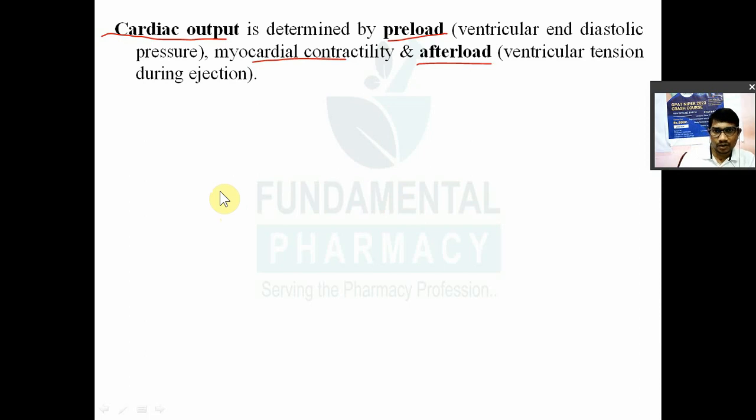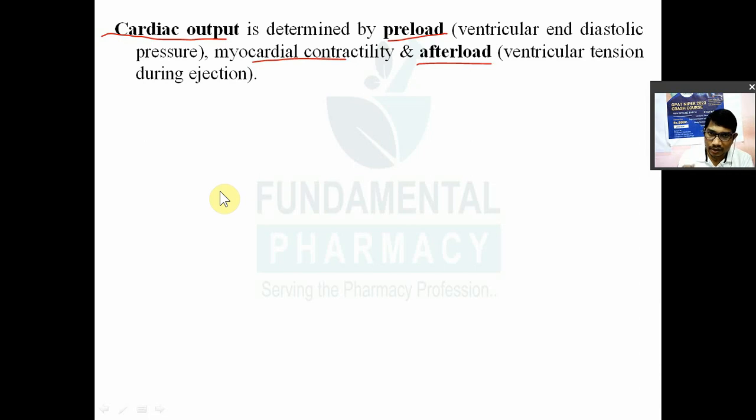Whatever blood is coming to the heart is normal, so due to that, increased volume of blood is there in the heart, and that's why the ventricles dilate, and afterload also increases, and cardiac output will decrease.